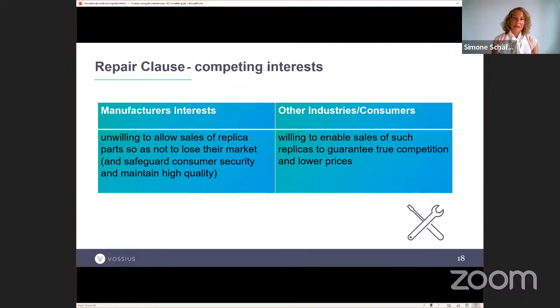And on the other hand, we have other industries and consumers who, of course, prefer to enable sales of these kinds of replicas to achieve true competition and lower prices.